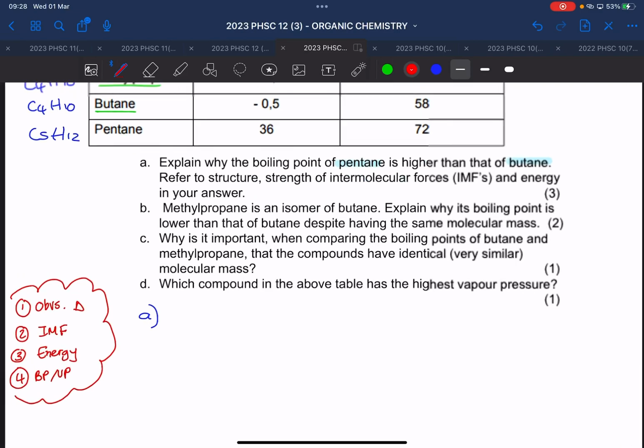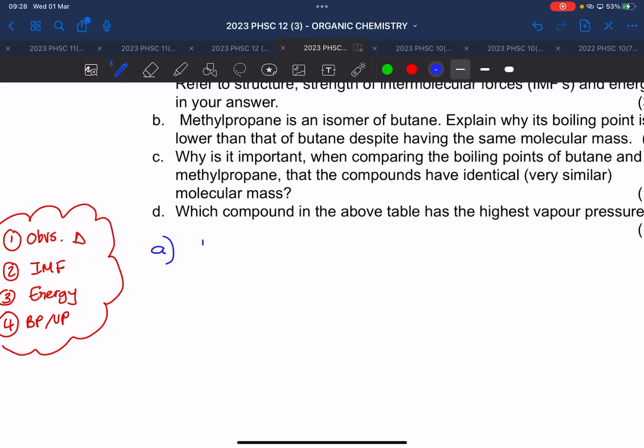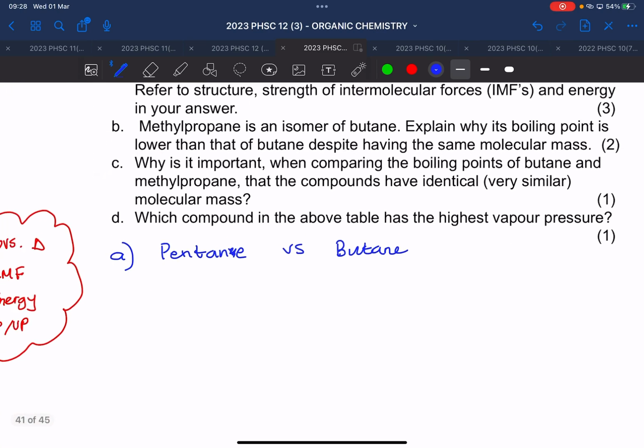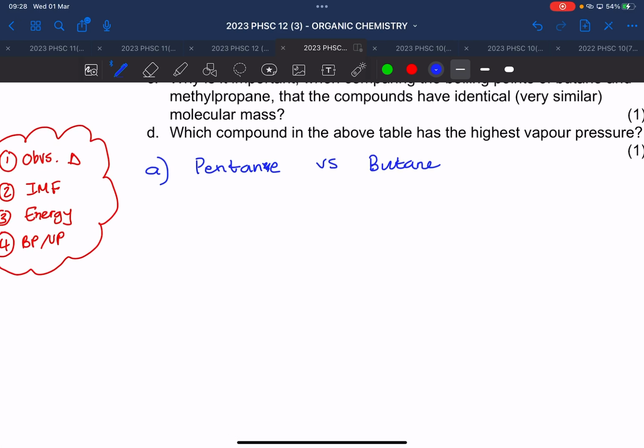So at A, they say we must compare pentane with butane. That's what they said. So we're going to start with the obvious difference. What is the difference between the two? That's the similarity. What is the difference? Well, the question is, why is the boiling point different?